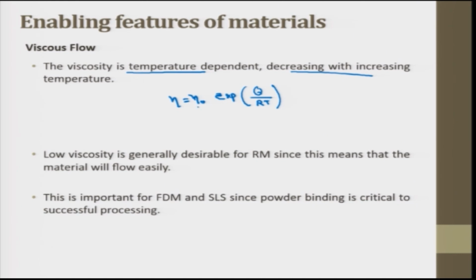Here eta naught is again a constant, and Q is the activation energy, R is the universal gas constant, this you people know, and T is the absolute temperature.